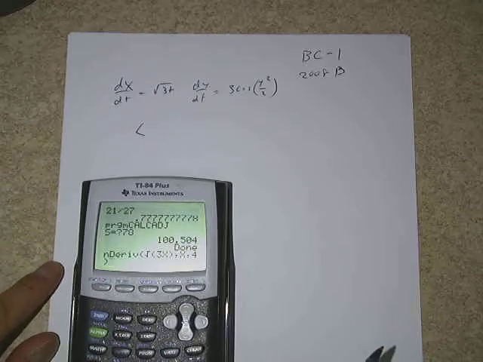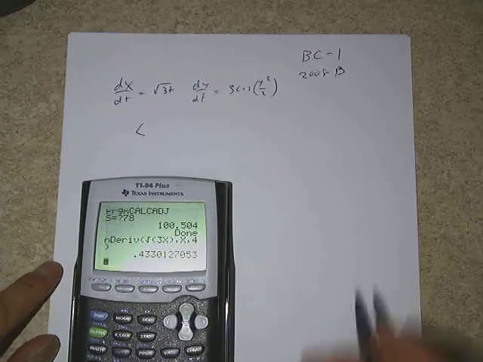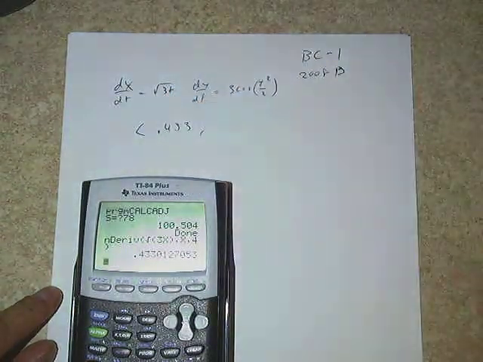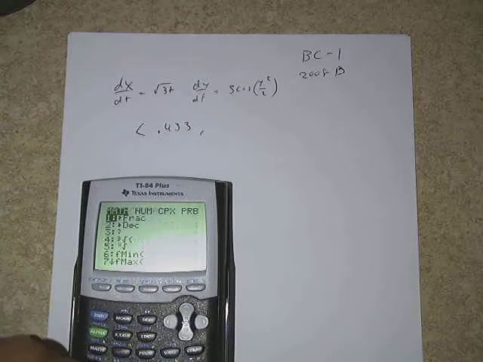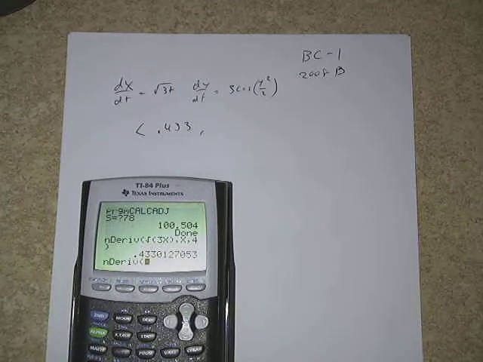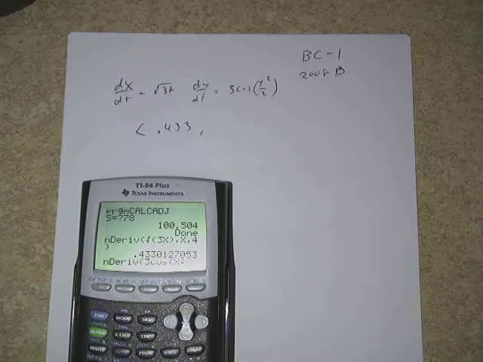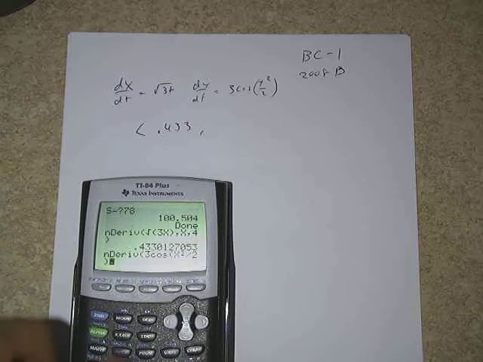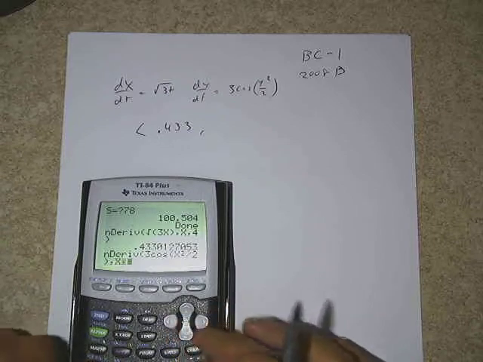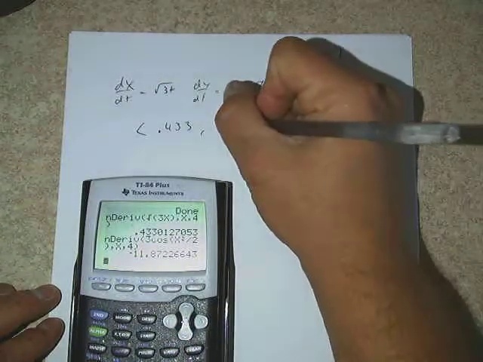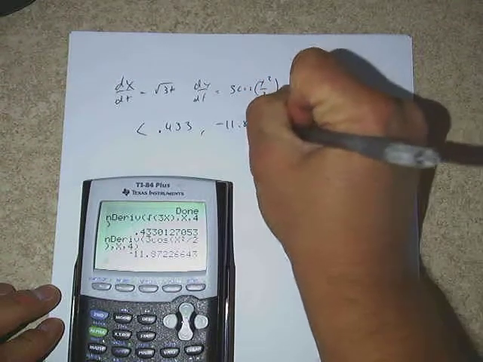and we just find the derivative of that curve at that point, and we'll get our first component. So 0.433. If we do the same thing with our y coordinate, 3 cosine of x squared over 2, we get negative 11.872.